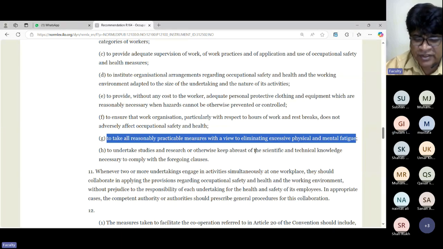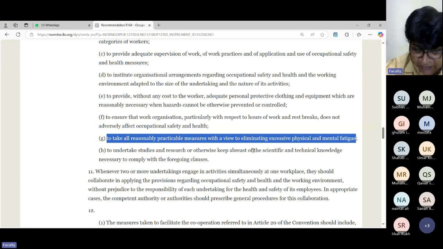Reasonably means justifiable, it should be matching the situation. Practicable measures means practical, which are possible. Just on a piece of paper, if you start writing, I'll do this, I'll do that, I will provide fine things.